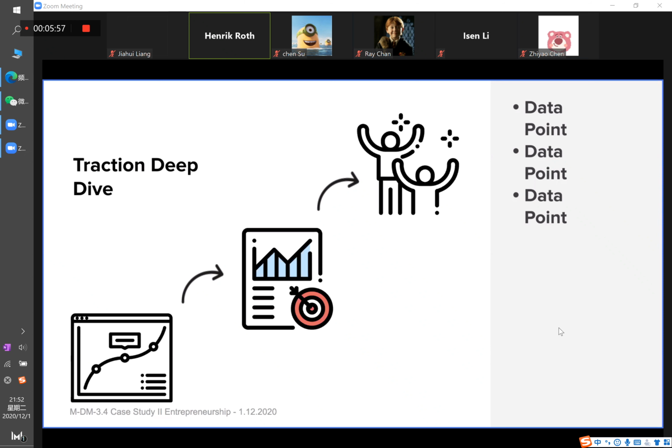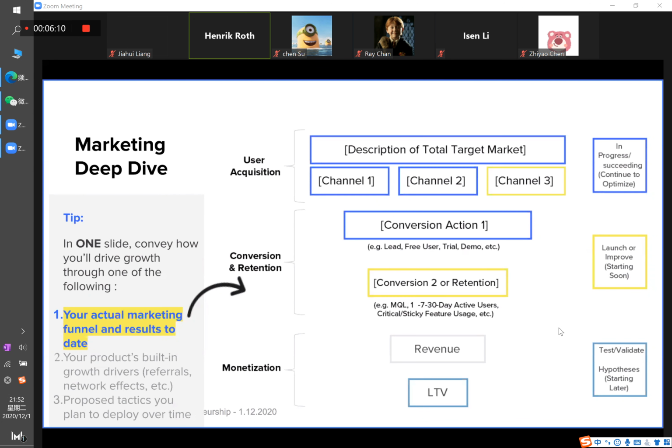So this is very relevant that you showcase the first traction, the first data. Like some metrics, how many people filled out your survey, and so on and so on. Marketing deep dive. So what are your plans in terms of the marketing funnel?